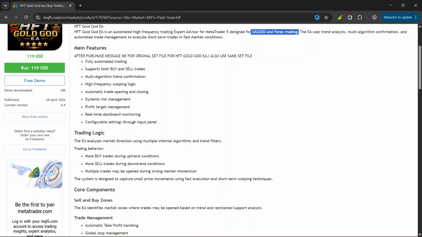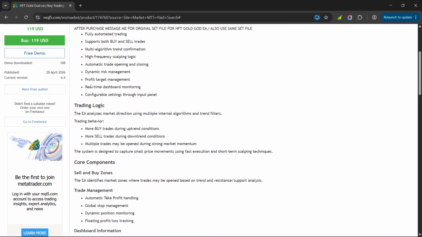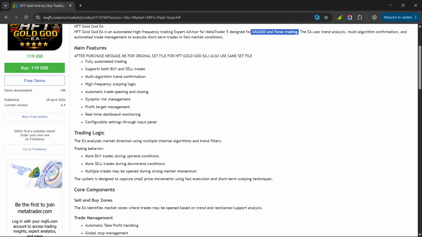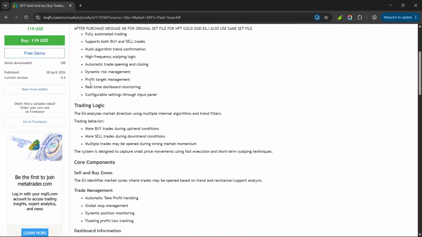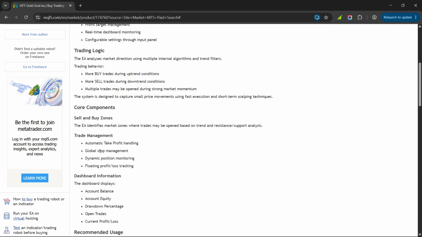During strong momentum, it can open multiple trades to capture small price movements with fast execution and short-term scalping techniques. Core components include automatic take profit handling, global stock management, dynamic position monitoring, and floating profit or loss tracking.